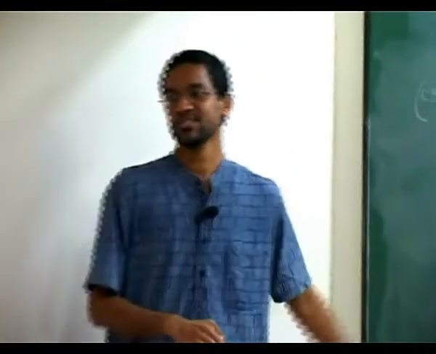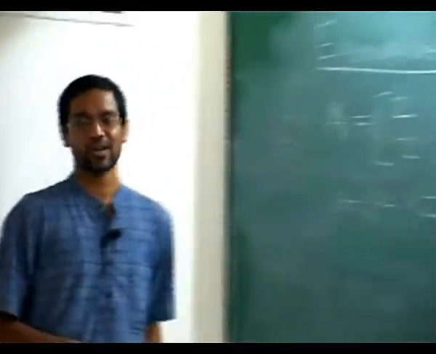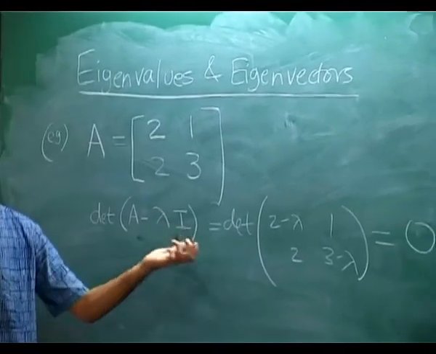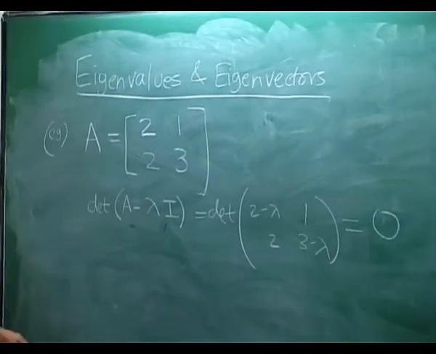It is singular. Yes, that's the word I was looking for. It's not invertible, right? So essentially your condition here is you're trying to find values of lambda which will make this singular, which will make this non-invertible, right? So that is the point.